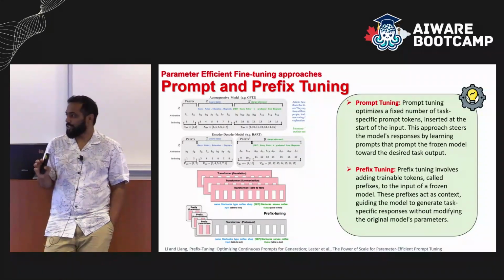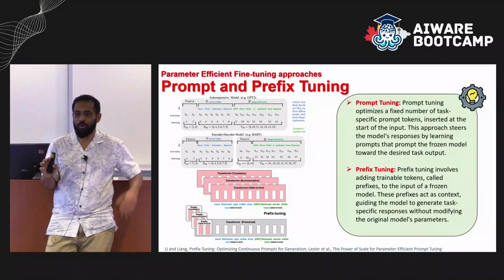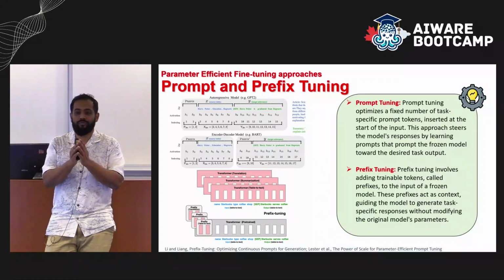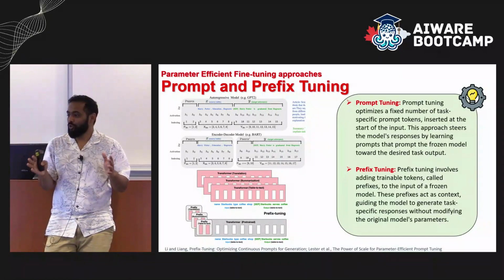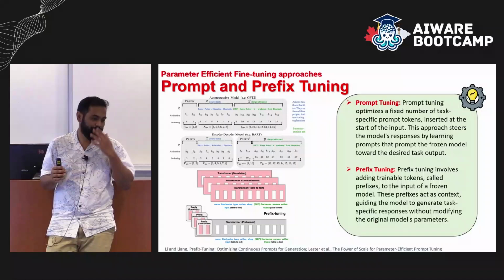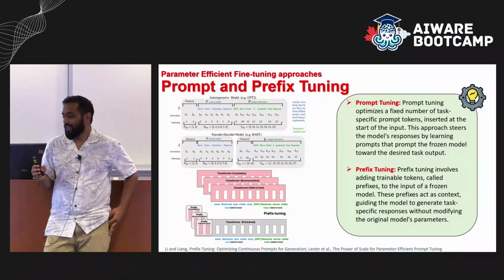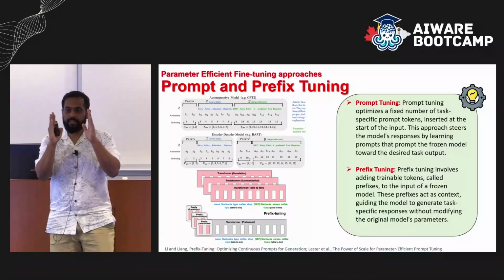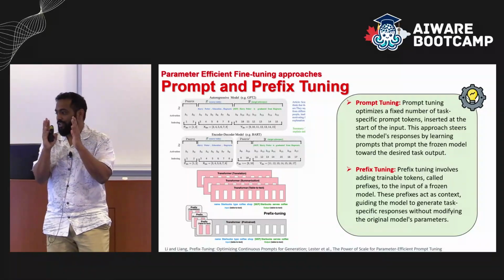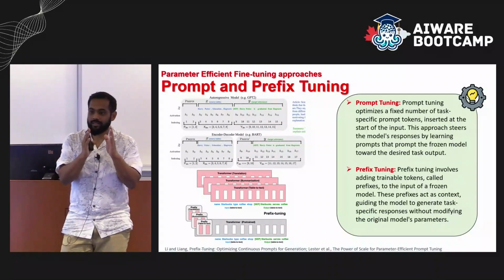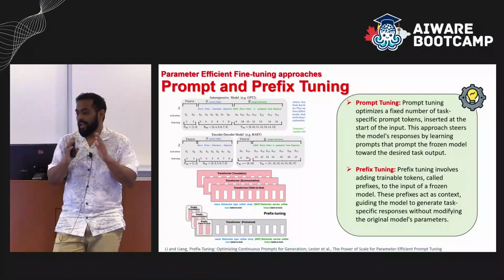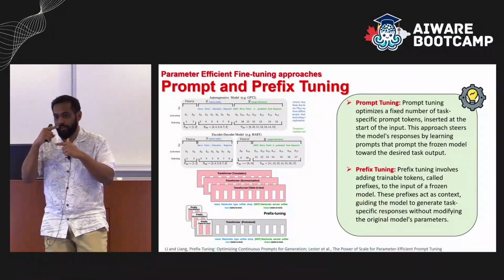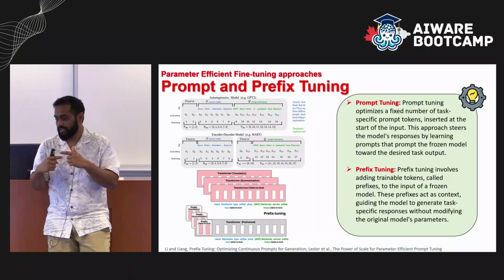Both are very similar methods, and they were both out around the same time, so I'm trying to cover both of them here. Prompt tuning has a fixed set of tokens that it prepends to the existing prompt, and those tokens are optimized.